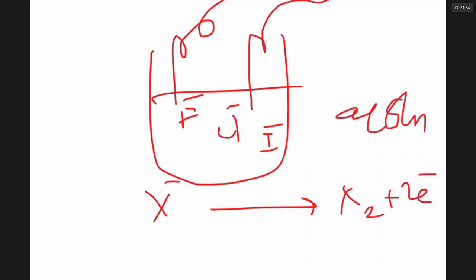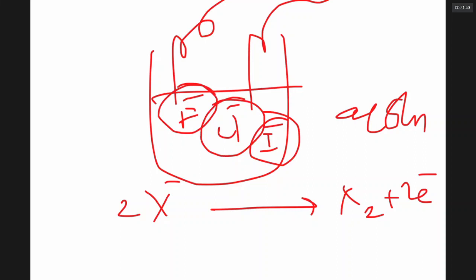Iodide. The iodide ion loses an electron most readily because its discharge potential is least, or I would say that its SRP, standard reduction potential, is least.